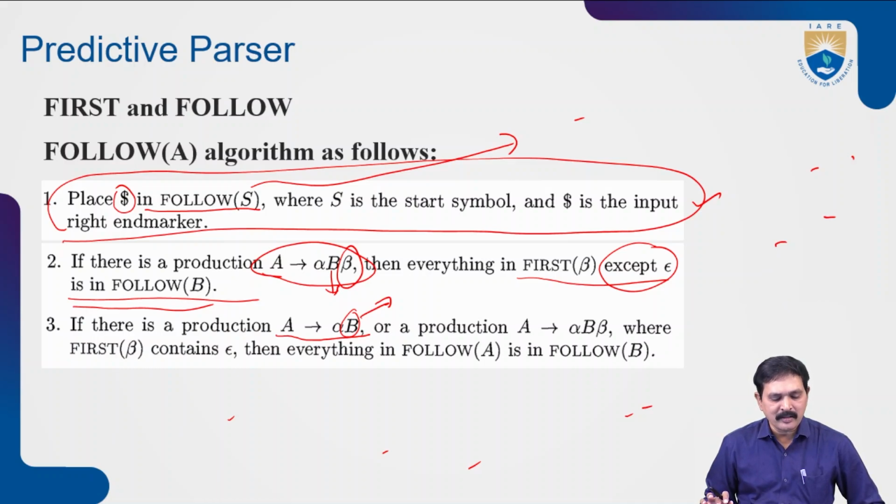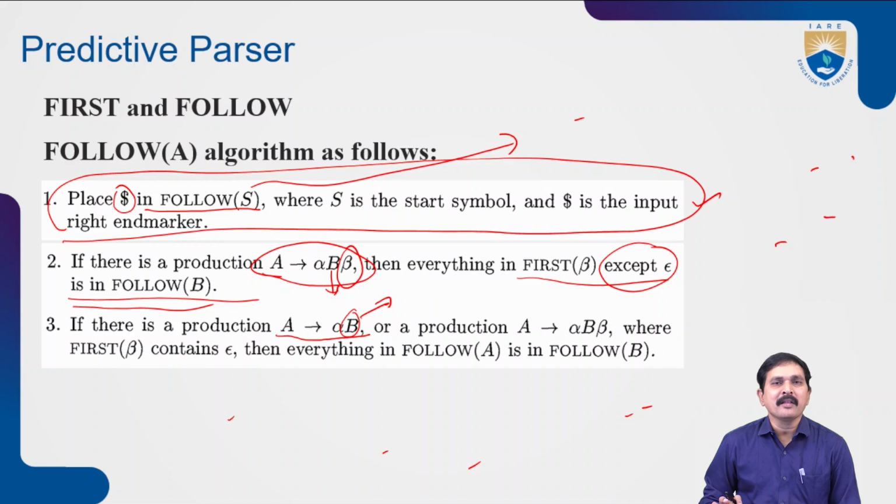And the second one is if there is a production A defines alpha, capital B, small beta. At that time, follow for capital B equal to first of beta. However, you cannot include all symbols of first of beta; you can include all symbols of first of beta except the null value.